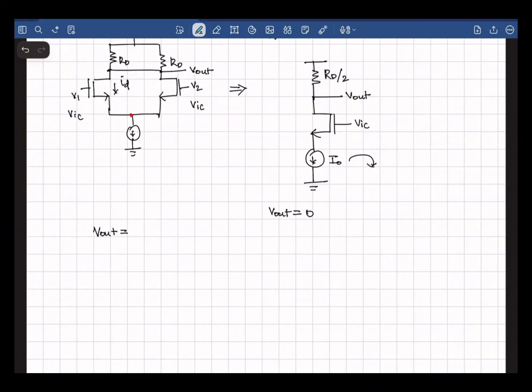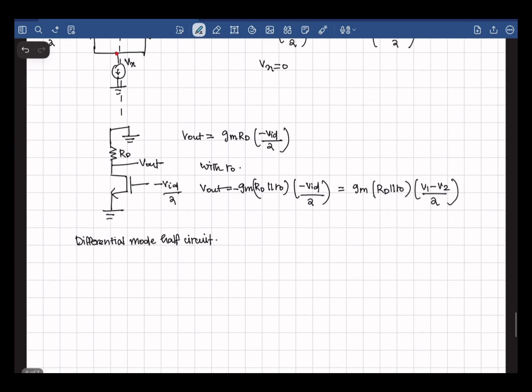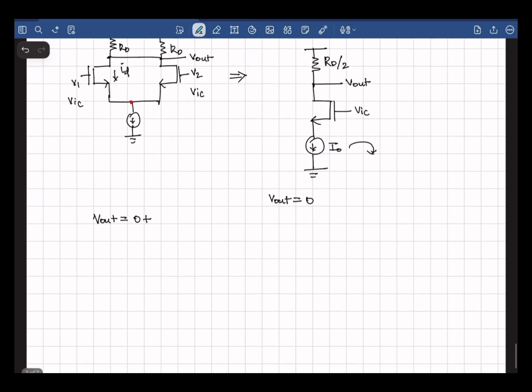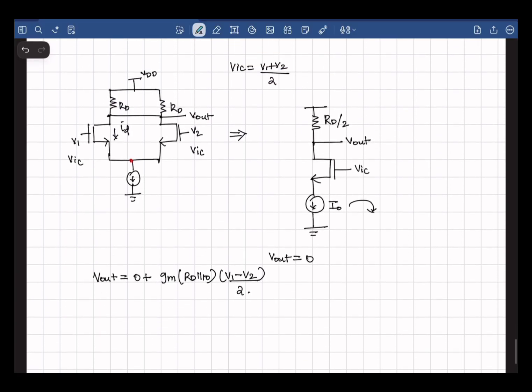Hence the output voltage would be the sum of both the common mode response and the differential response, and the common mode response is 0 volts, and the differential response is equal to GM RD parallel to R naught, V1 minus V2. And this half circuit is called the common mode half circuit.